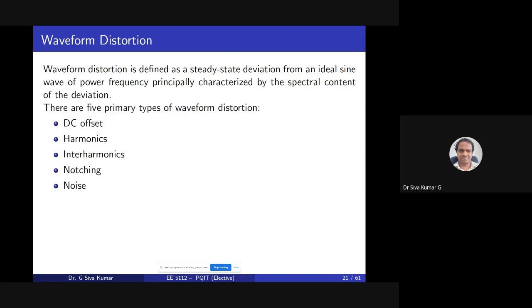And also the inverters, where you are going to operate with the PWM, pulse width modulation scheme. In that case also we'll be having interharmonics. Where do you use the inverters?